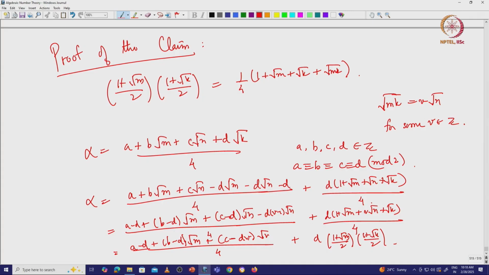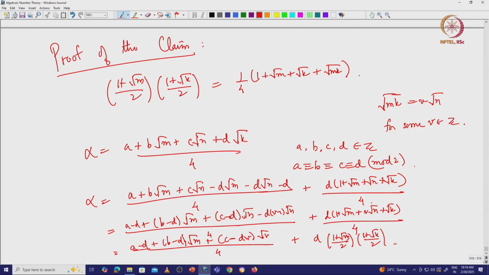So, I want to forget about this. Why should doing something so ad hoc work? Because it is a Z basis. So, there is a unique way of writing everything in terms of such a Z basis, right. So, I can ignore this for the moment and I just concentrate on this particular part.